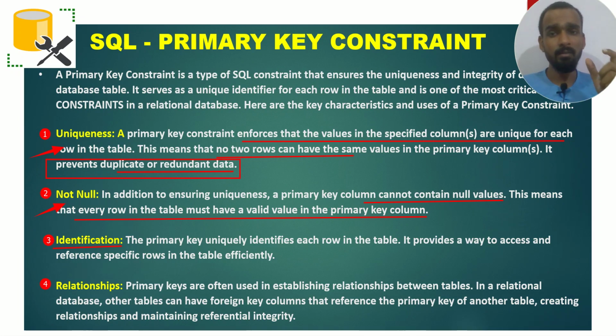It is the most important characteristic of the primary key, where it provides identification whenever we are creating a query. It gives the unique value, unique column, so we can do our operations. The same thing is written over here: the primary key uniquely identifies each row in a table.